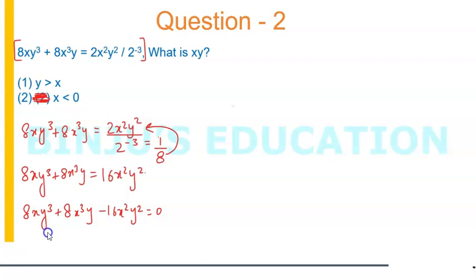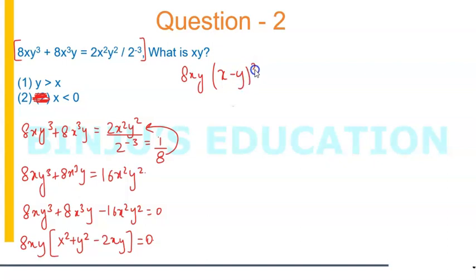Now what we can take common is 8xy from each one of them, and we're going to have x square plus y square minus 2xy within bracket. So this is 8xy, and within bracket we will have x minus y whole square, and that is equal to 0.